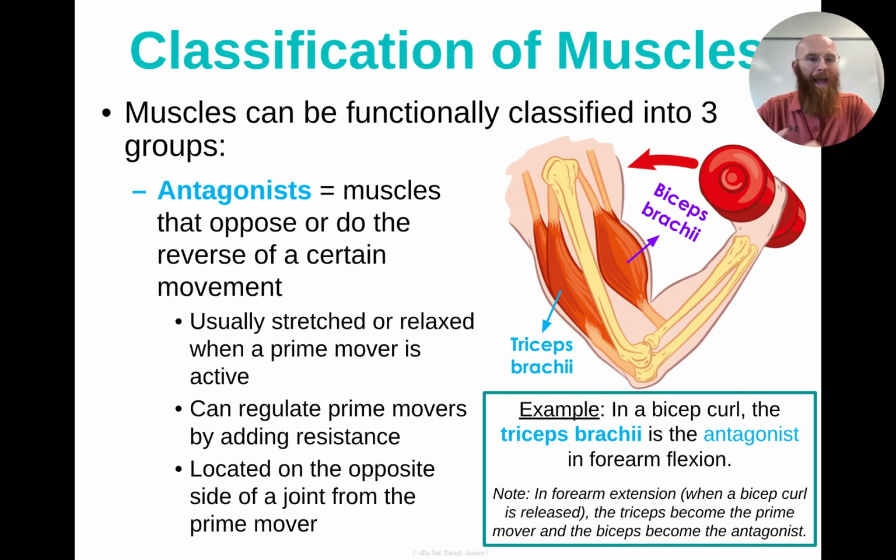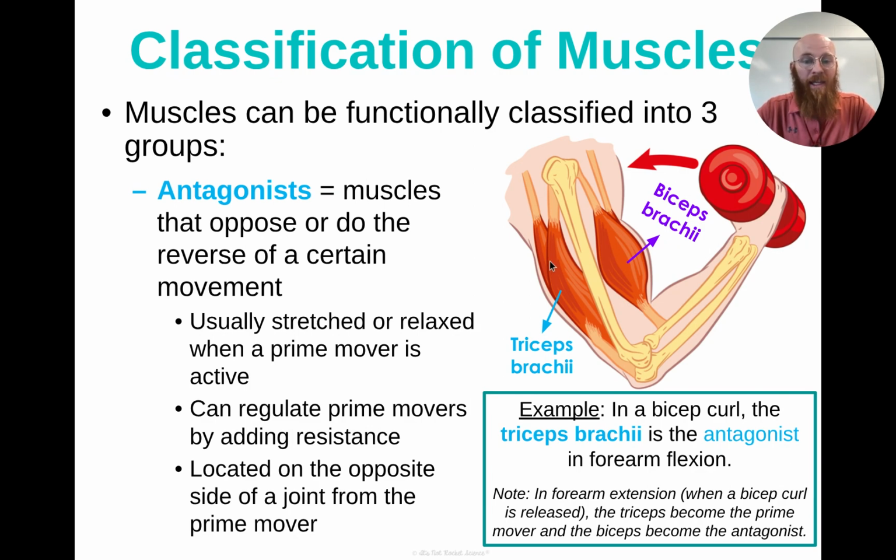Now you have agonists, which means that on the other side of those joints, you'll also have antagonists. These are the muscles that directly oppose or reverse a movement by the agonists. They're either in opposition to it or they can undo it. This is usually stretched or relaxed whenever a primary mover is active. So if the biceps brachii is actively bringing the forearm up towards the upper arm, the triceps brachii is relaxed and stretching.